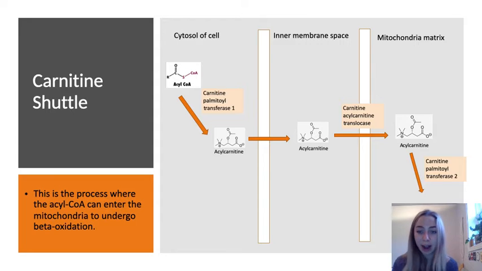But we know our active form of that fatty acid is the acetyl-CoA. So the enzyme carnitine palmitoyl transferase 2 takes that carnitine away, converts it back to acetyl-CoA, and throws that carnitine back into the inner membrane space for further use. And now we have our acetyl-CoA in the mitochondria, which can undergo beta oxidation.